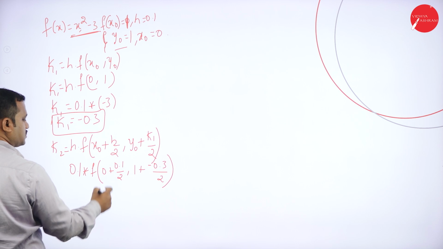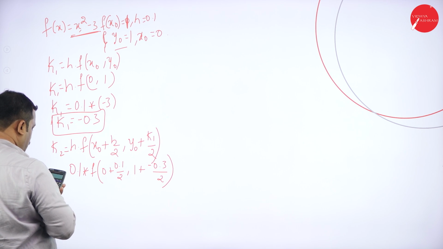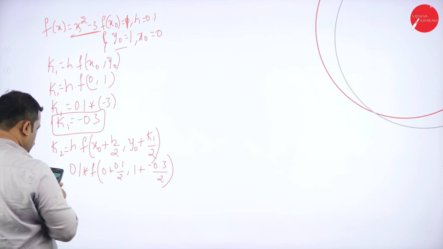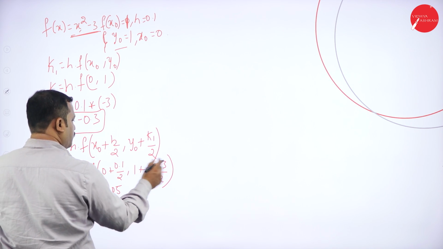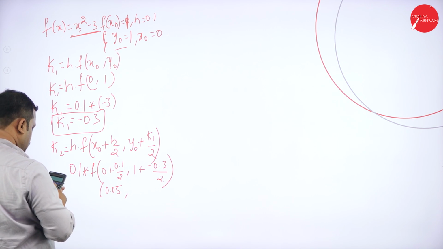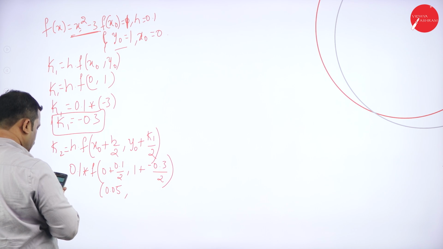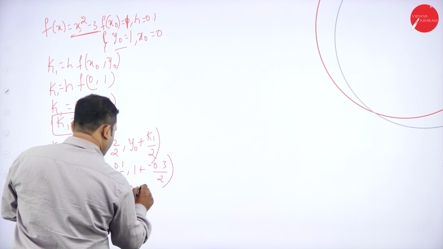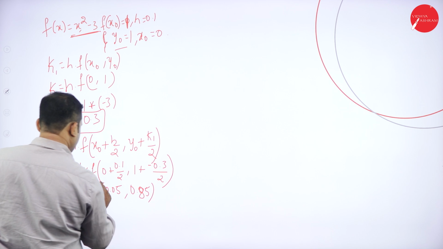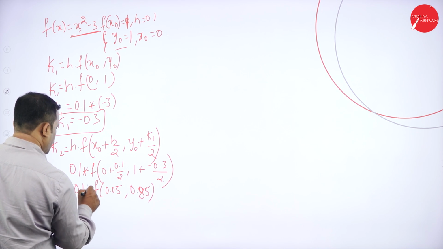If I simplify this term, 0.1 divided by 2 is 0.05 comma 1 plus minus 0.3 divided by 2, which gives 0.85.